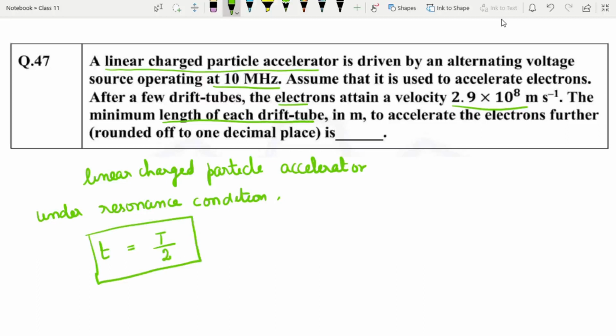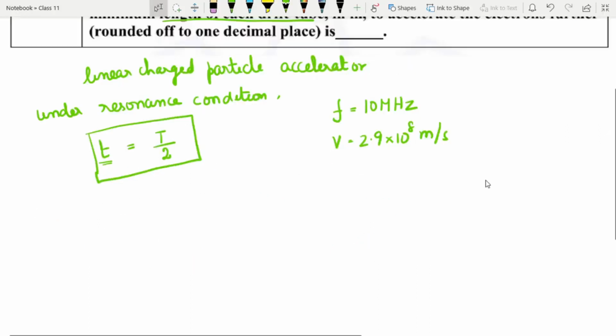So in the question they have given the frequency of the alternating voltage as 10 megahertz and the velocity attained by the electron is 2.9 into 10 raised to 8 meter per second. They have asked us to find the length of the drift tube. So time taken is the length of the drift tube L divided by the velocity of the electron, equal to T divided by 2. L is what we have to find.